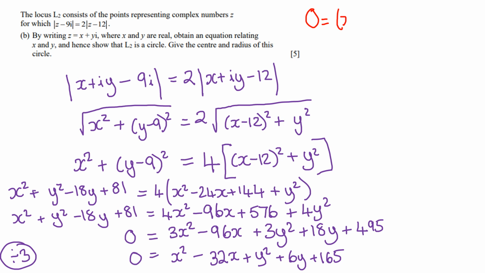So we've got x minus half of the x coefficient, 16, all squared, and that would generate a 16 squared that we haven't got, so we'll take that away. 16 squared is, should know that, shouldn't we? 256, so minus 256, and then we'll do the same with the y, so plus y minus half the y coefficient, oh it's add 3, all squared, that'll generate a 9 I haven't got, so I'll take away that.